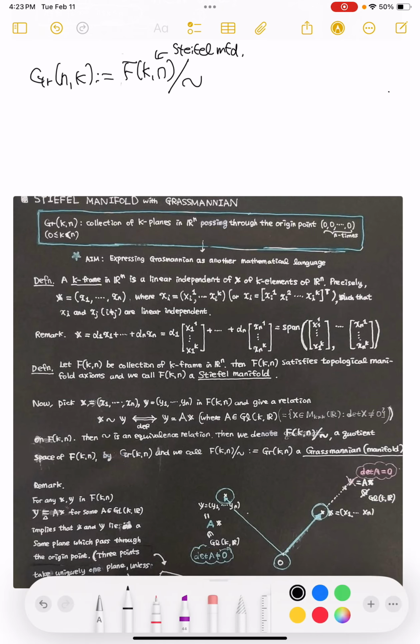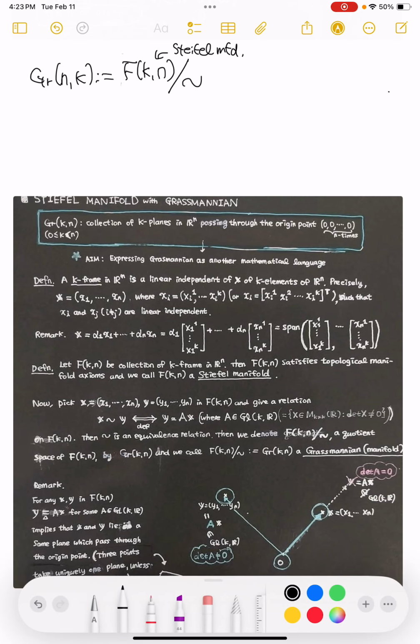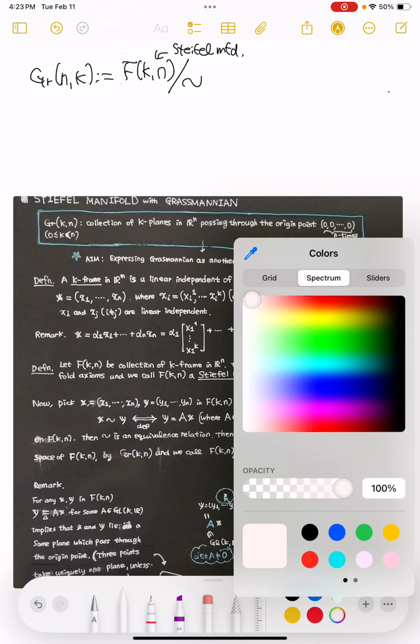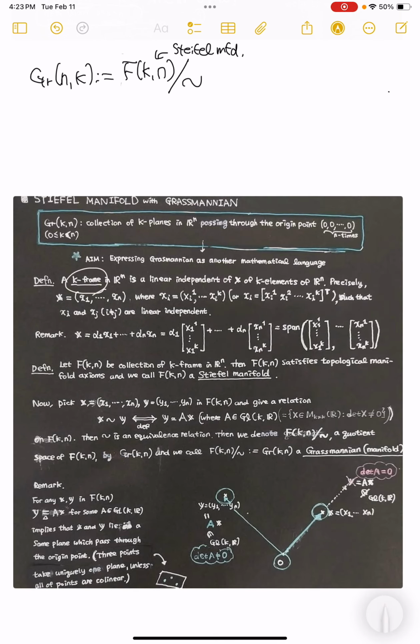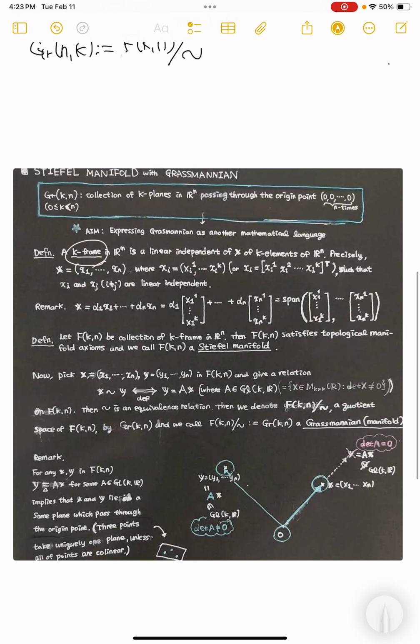We can define F(k,n) as the collection of k-frames, and give a relation like this.